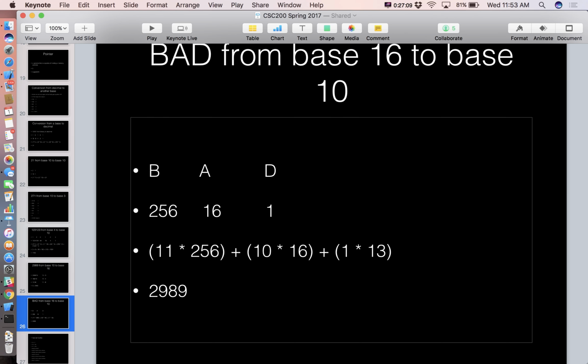So now the question would be, why would we use base 16? I've kind of showed you an example that our computer memory addresses are typically represented as base 16 numbers. Why? Why not base 10? Or why not base 2?